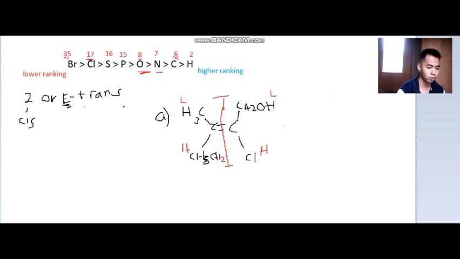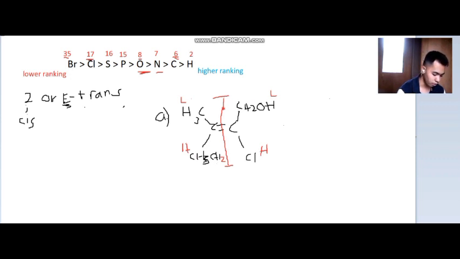So as I said earlier, we base our findings on the outcome. Instead of the elements, we base our judgment on the placement of the high and lower rankings. Based on our diagram on the screen right now, the low ranks are on the same side, and the high ranks are also on the same side.